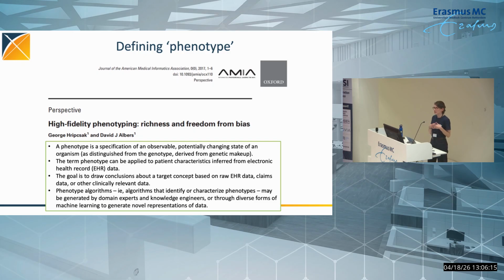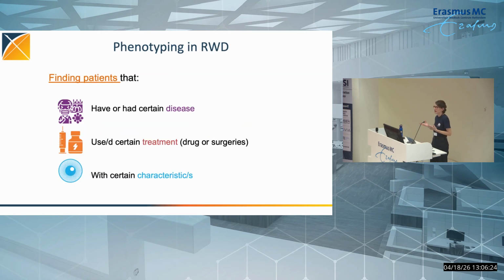We refer to the phenotype algorithm as the algorithm we use to infer these patient characteristics from this real-world data. So when we talk about phenotyping in real-world data, we mean that we aim to identify the patients in this data that have or had a certain condition, that are using or used in the past a certain drug, receive a certain procedure, or individuals that have certain characteristics.